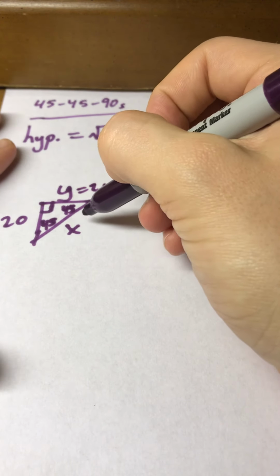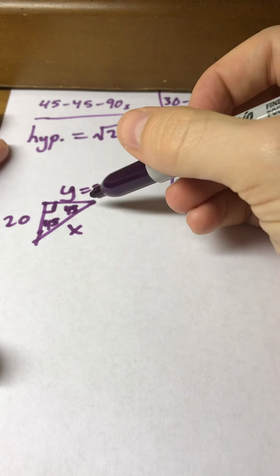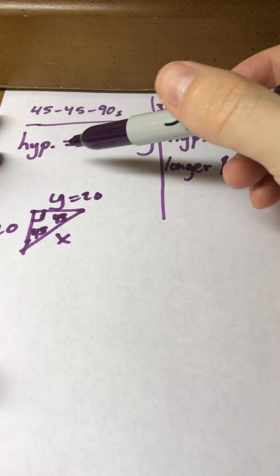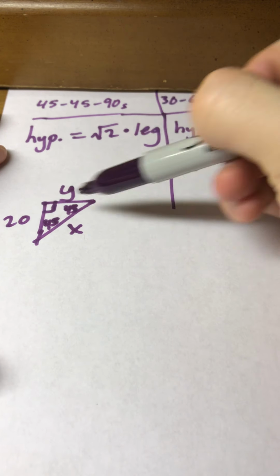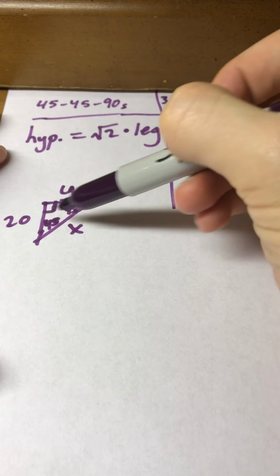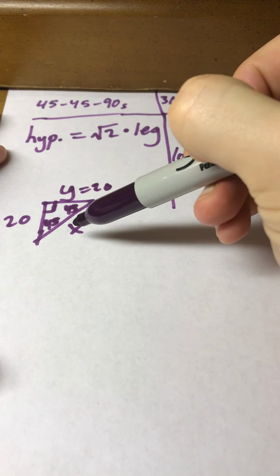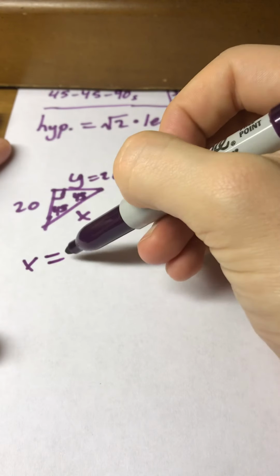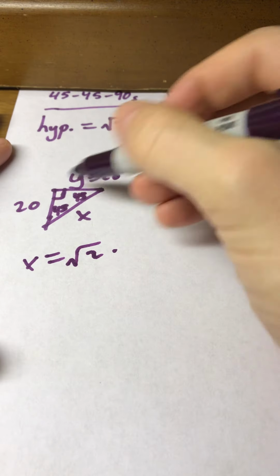But for X, remember, X is your hypotenuse. It's across from the 90-degree angle. And if you go back to the equation, the hypotenuse is root 2 times the leg. Well, what's your leg? It's 20. So just take 20 for your leg and plug it in here. So the hypotenuse, which is X, is root 2 times bigger than one of the legs.